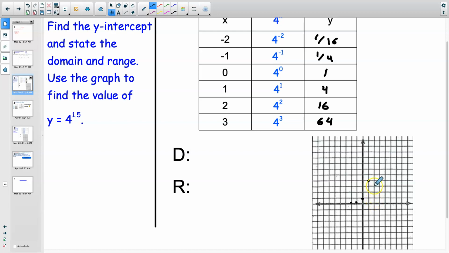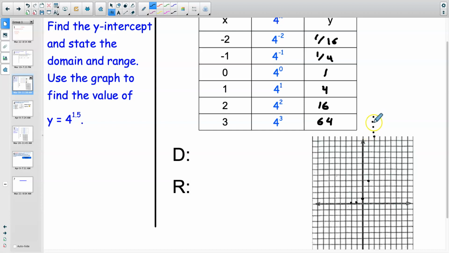Counting up, 1, 2, 3, 4, 5, 6, 7, 8, 9, 10, 11, 12, 13, 14, 15.